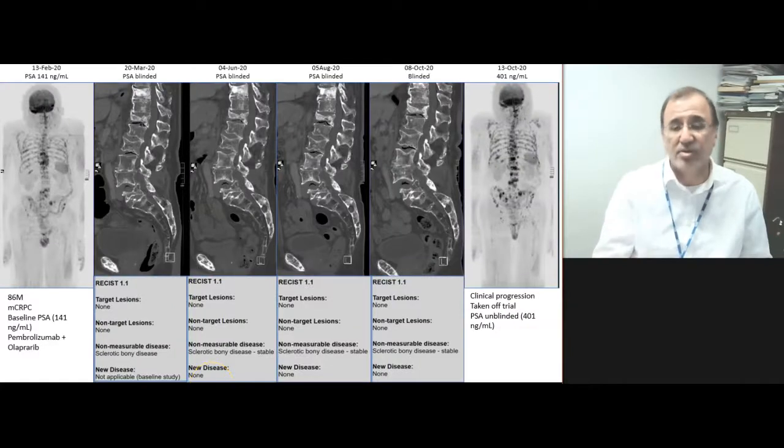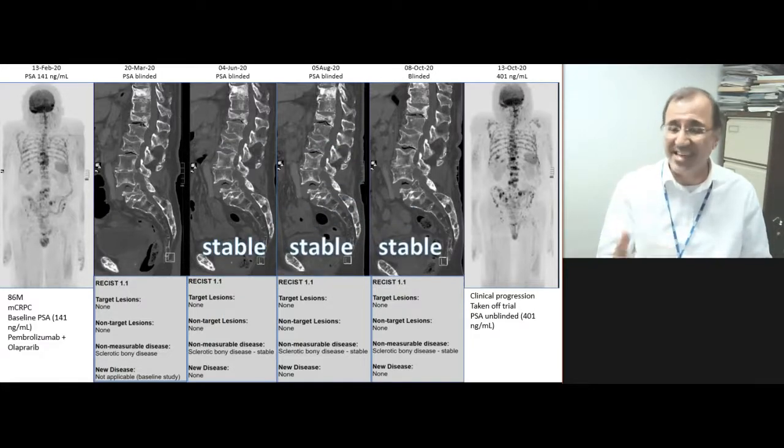So here's an example of somebody with unequivocal clinical progression. 86-year-old man, metastatic castration-resistant prostate cancer, being treated with immunotherapy and a PARP inhibitor. He's on a clinical trial, so we've done regular CT scans, which were called stable prospectively.